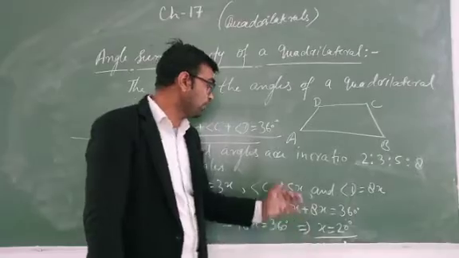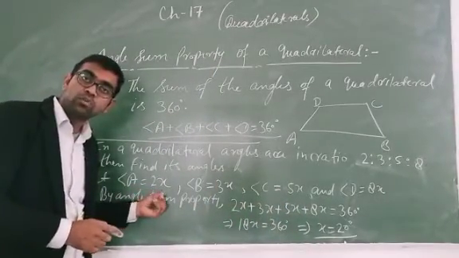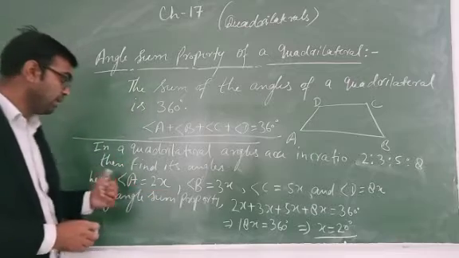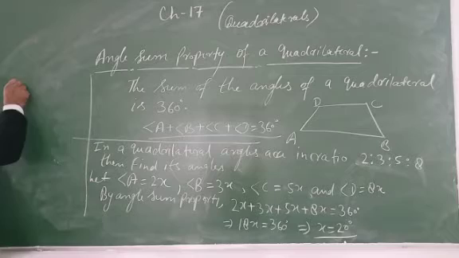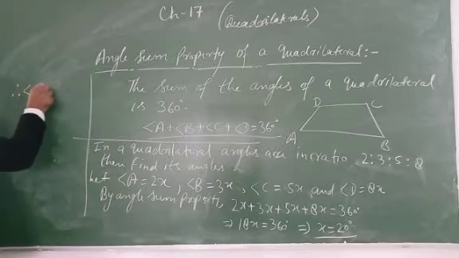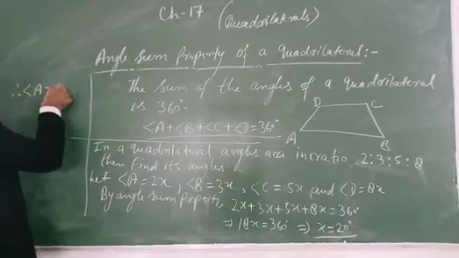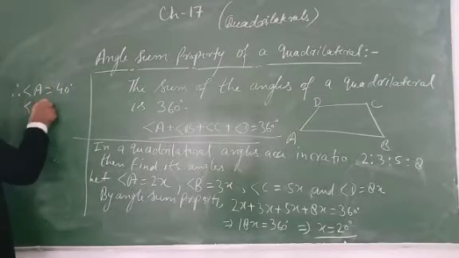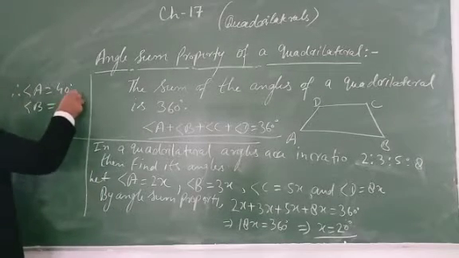So you can find angle A. What will be angle A? It is 2x, that is 2 into 20. Therefore angle A will be 2 into 20, so 40 degrees. Angle B will be 3 into 20, so 60.